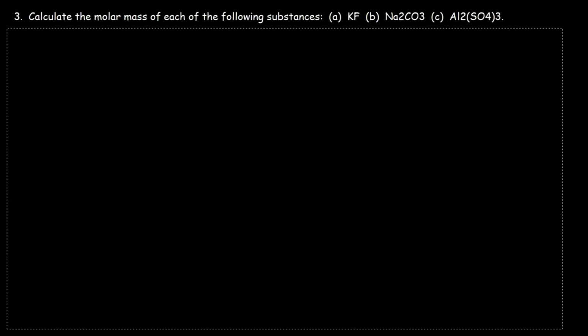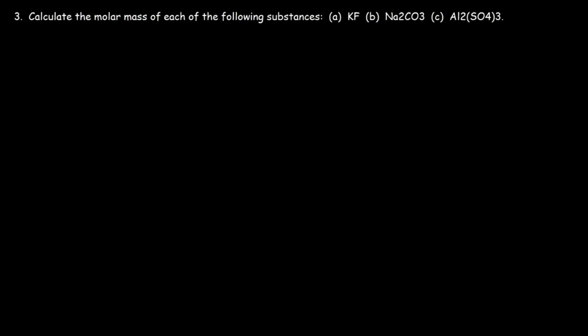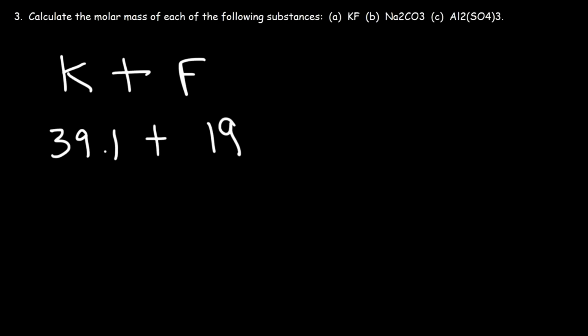So let's work on part A. What is the molar mass of potassium fluoride? So we need to add up the atomic mass of potassium and the atomic mass of fluorine. So you need to get a periodic table and look up the numbers using that table. So the atomic mass of potassium is 39.1 and the atomic mass of fluorine is about 19. So if we add these two numbers, 39.1 plus 19, that's going to give us 58.1.